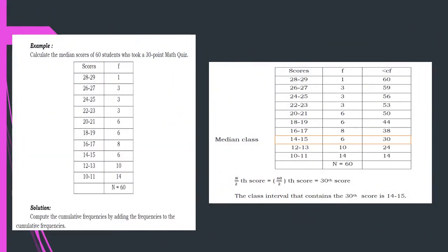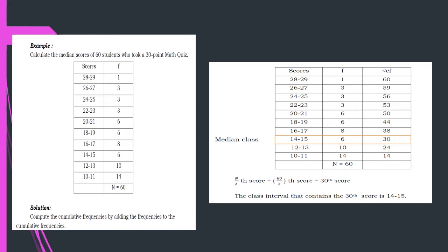For example, calculate the median score of 60 students who took a 30-point math quiz. This is the frequency table and our n is 60. Compute the cumulative frequency by adding the frequencies to the cumulative frequency. Here, our median class is 14 to 15, wherein the frequency is 6 and the cumulative frequency is 30.